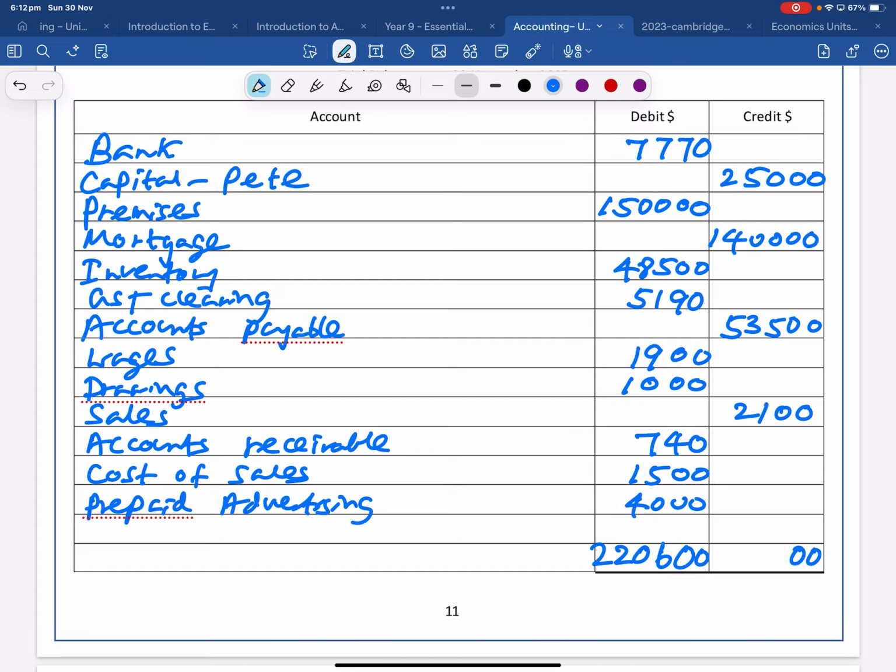Right. Balance 220,600. Any questions? Any questions with this?